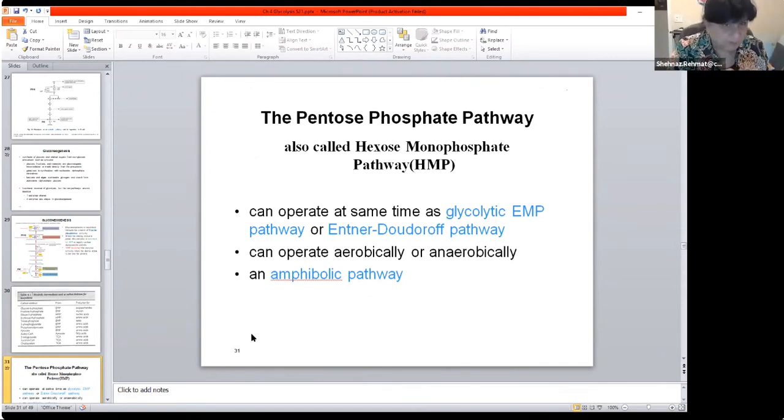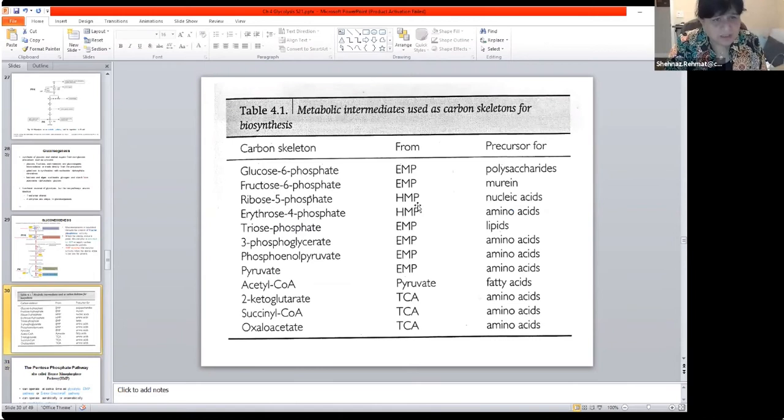Now, this is a very important pathway which runs parallel to, or at the same time as, EMP, because there are some intermediates that are not provided by your EMP. And if you look at the previous slide again, you can see these two, ribose 5-phosphate and erythrose 4-phosphate. So this is a 5-carbon compound and this is a 4-carbon compound.